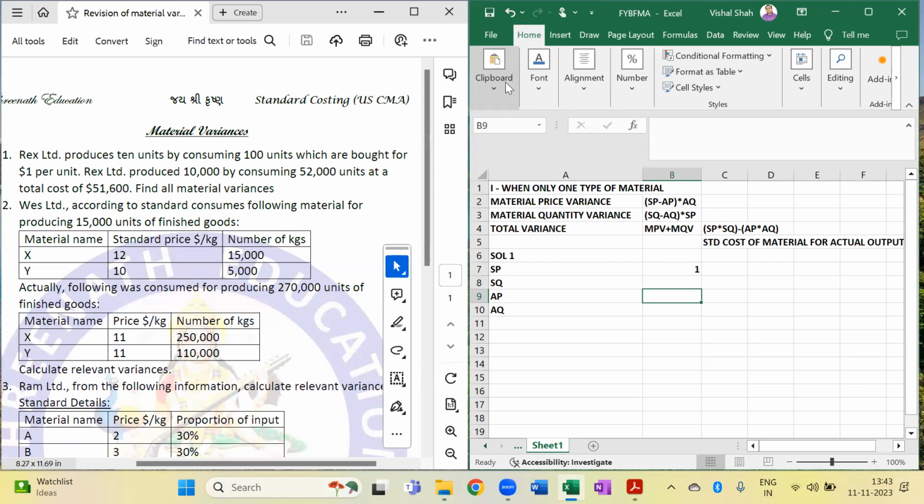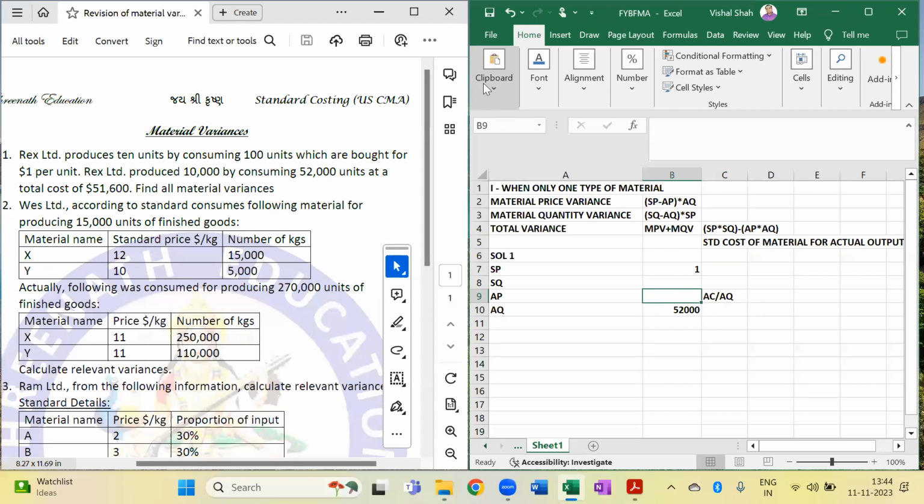AP is not given. AP is AC divided by AQ. AQ is given, which is 52,000.